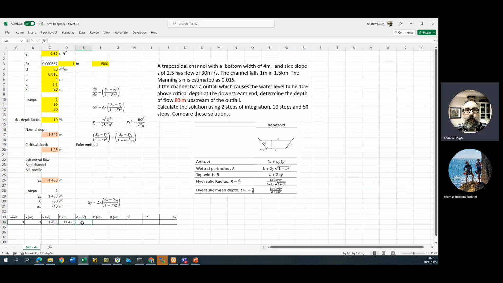Okay, we need to work out A, which is equal to, we need to bracket the bed width, fixed with F4, plus side slope times y, close bracket, and times all that by y.